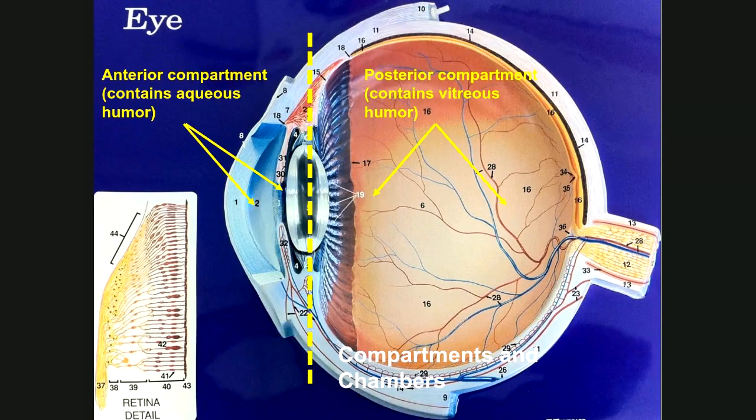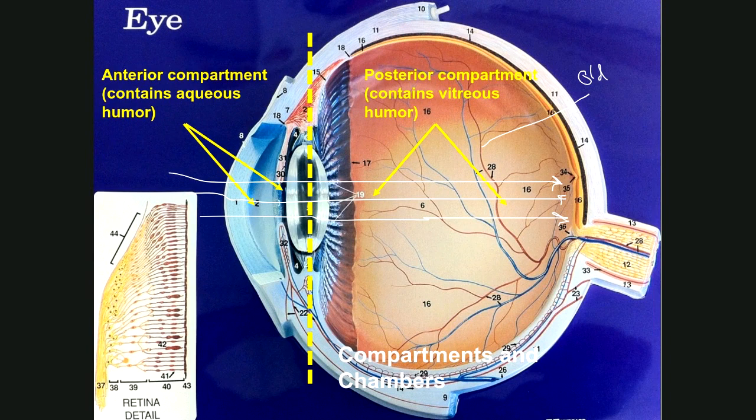Well, light passes through here and all the way through to way back here in order for you to see. And so remember, we want to block out as little light as possible, so we would want this liquid to be as clear as possible. But remember, this liquid gets old. As you get old, it gets old.